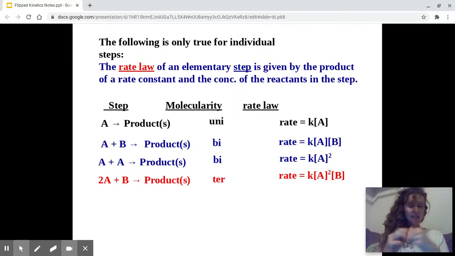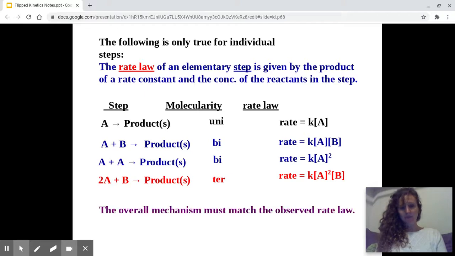This is not something we can do for the rate law for an overall reaction. The rate law for an overall reaction has to be based on data, because the overall reaction does not actually represent everything that occurs inside that reaction. It only represents the beginning and the end.